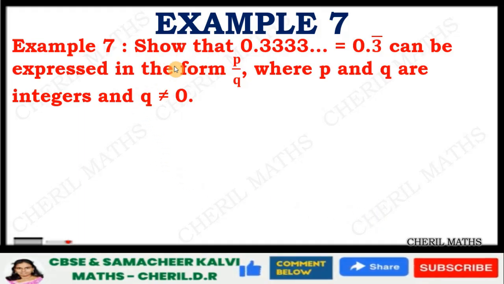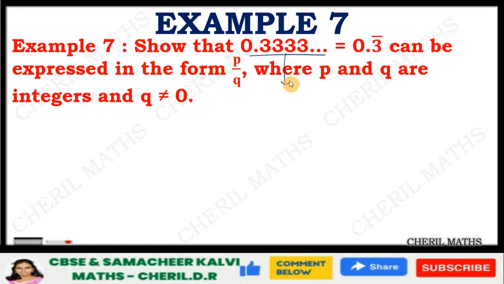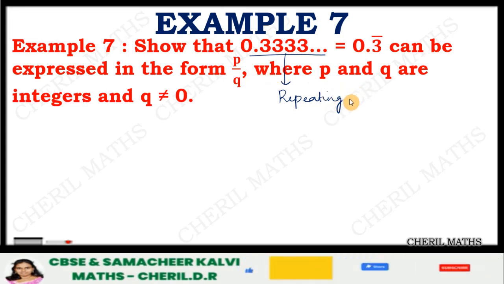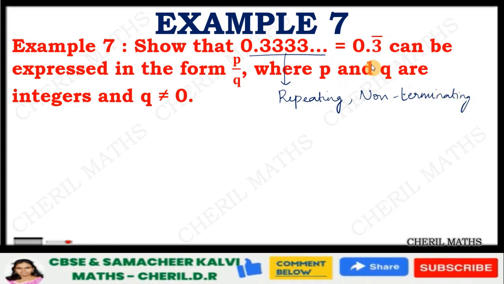Here we are going to show that 0.3333 and so on is a repeating decimal, and it is also non-terminating and repeating. So that is equal to 0.3 bar.